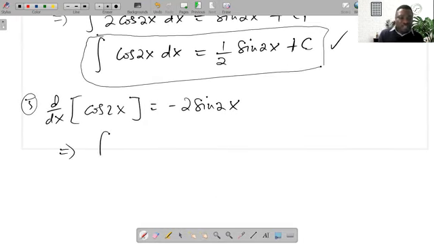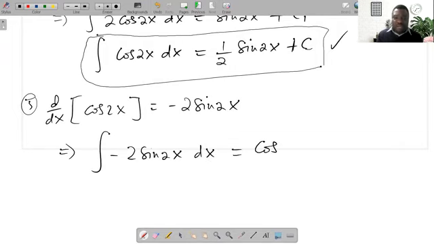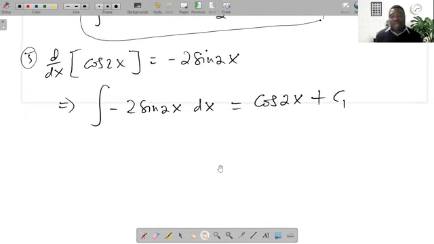The integral of -2 sine 2x dx will give me cosine 2x plus some c1. Then I'm going to pull the -2 out and finally divide by -2.